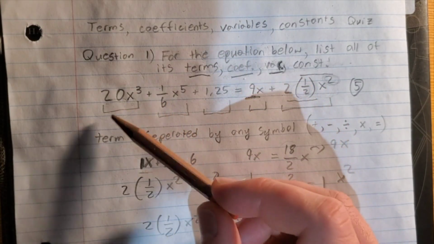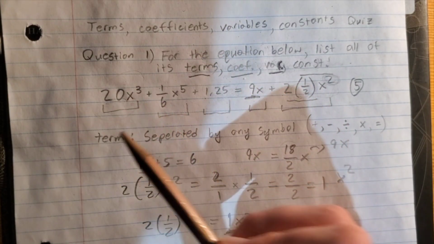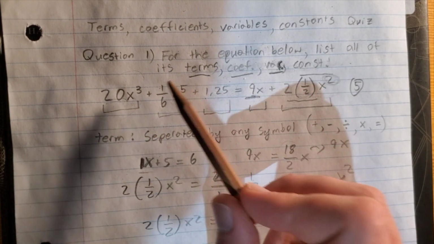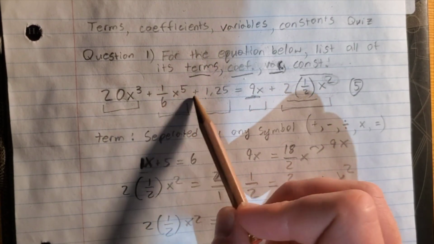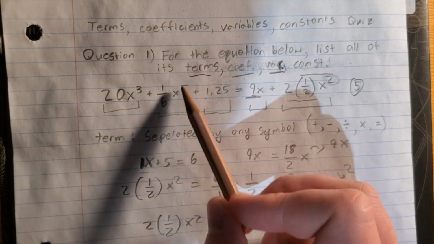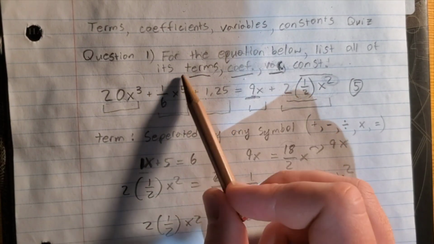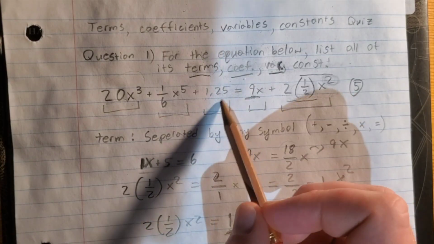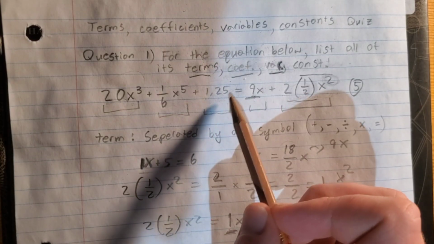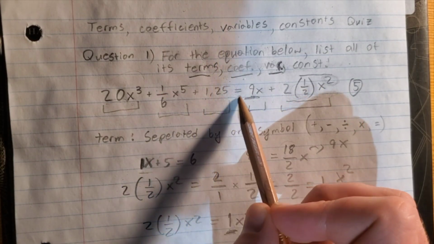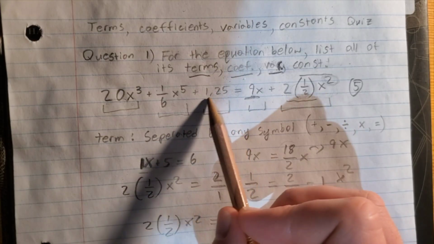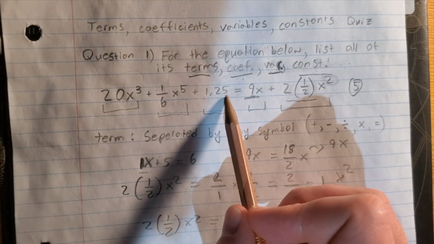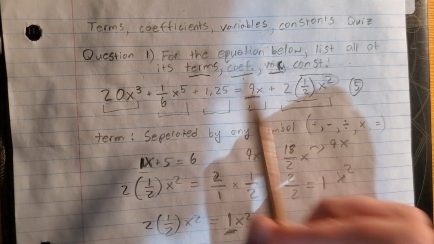So then, let's take a look. 20x cubed, that's changing, right? I could have 1, I could have 2, doesn't matter. It's changing. 1 over 6, doesn't matter, it's a fraction. X to the 5, it changes. Therefore, it's not a constant. 1.25, I don't see an x. Does it change when x changes? Nope, it doesn't. It stays the same, 1.25. Finally, we found a categorization. This guy is a constant. He's always going to be the same.